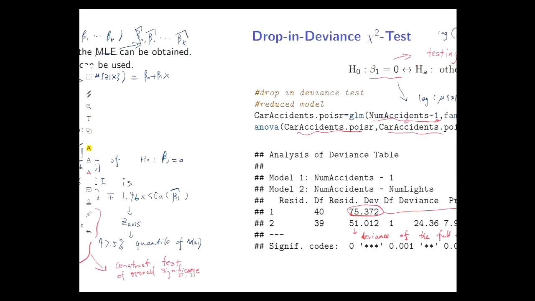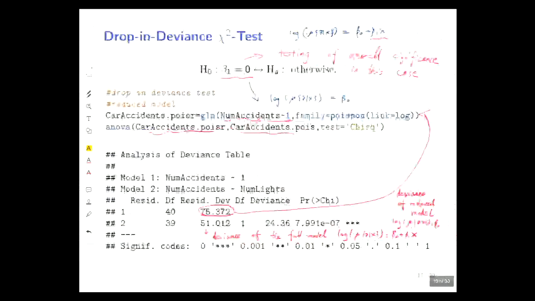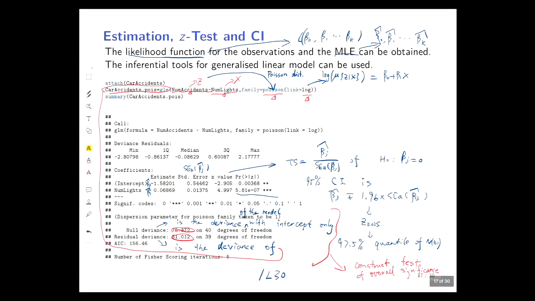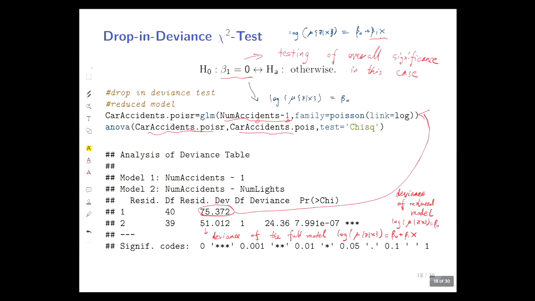If you compare these two figures, 75 and 51, you can also find them in the summary output. So you can use these two figures to perform this overall significance test. And the next step is just to obtain the difference.